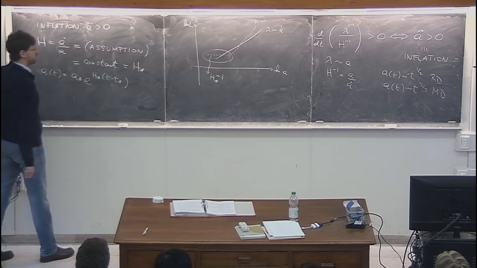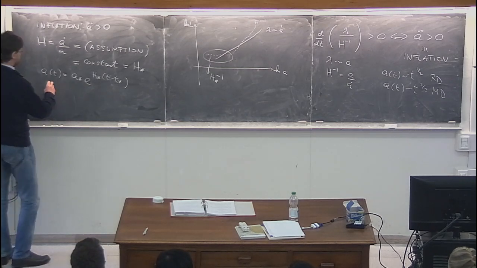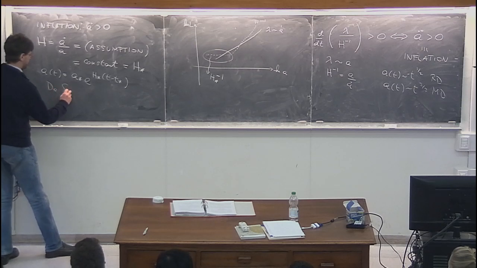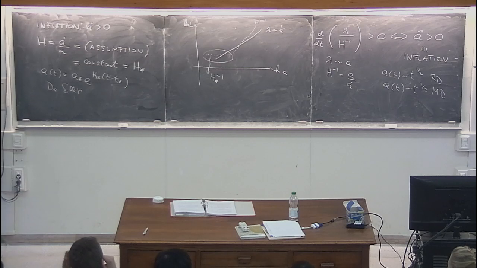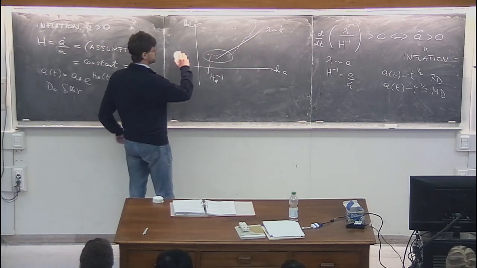So if there is a period where the Hubble rate is constant, the scale factor grows exponentially. This is also called a de Sitter period, when the expansion is exactly exponential. And we will work with this assumption for some time. Okay? So let's see what happens if that is true.